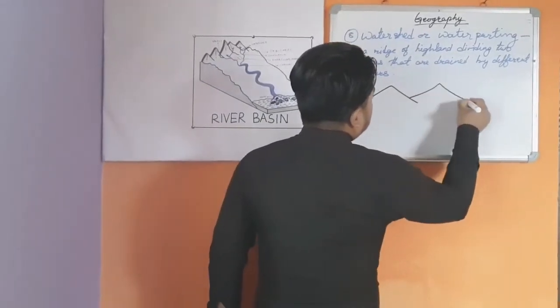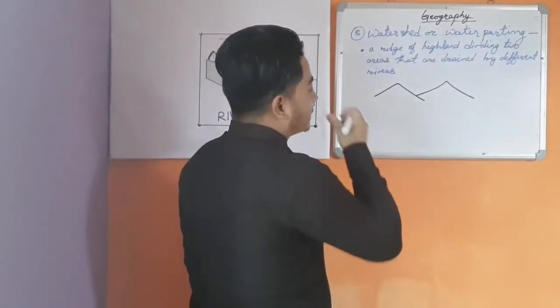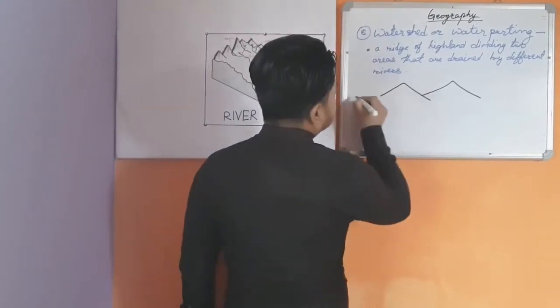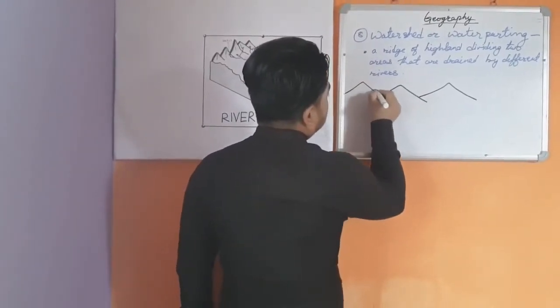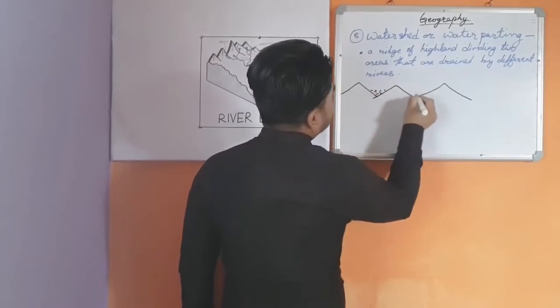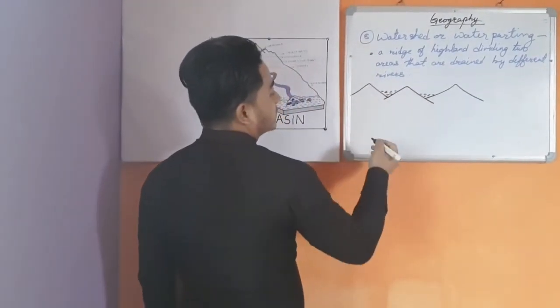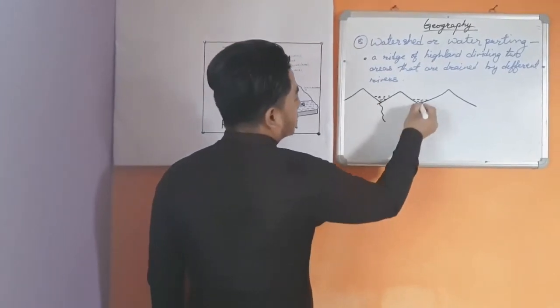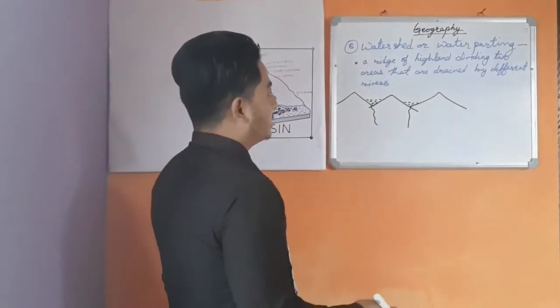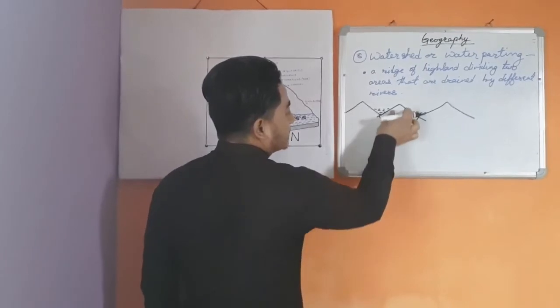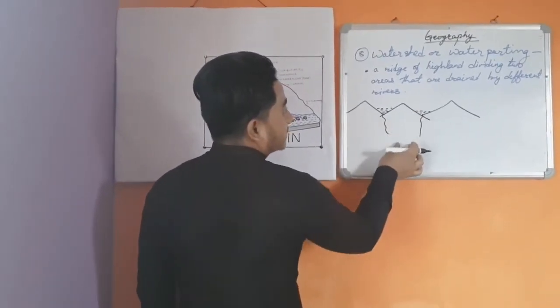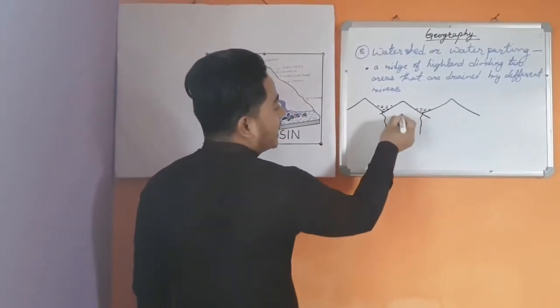For example, if this is a mountain and here a glacial lake has formed in both the valleys of this mountain, and the river flows from both these places. So in between these there is a huge ridge or high land.